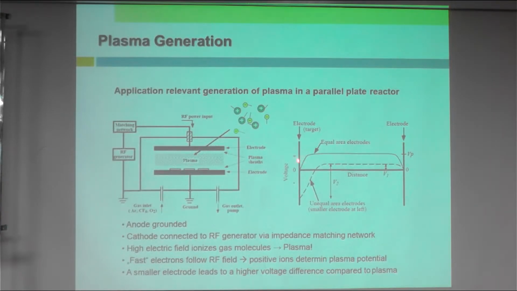Here we have equal area electrodes, and this is the distance between the two electrodes. Then the unequal area electrode here has the smaller electrode at the left. So that is how you can set up the plasma generation.